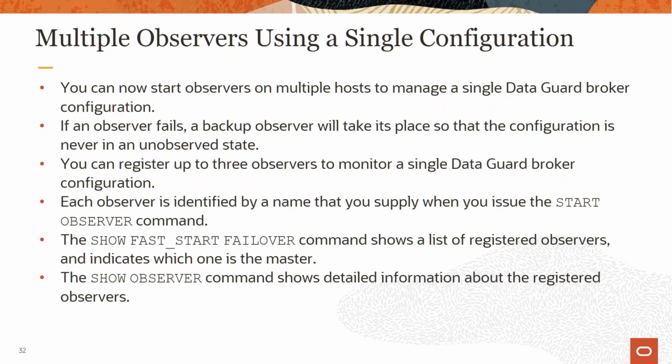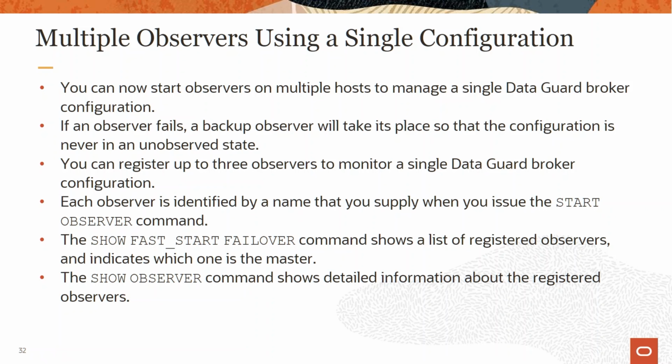So if your active observer has a problem, then a backup observer will be chosen to be the active observer. We can register up to 3 observers to monitor a single Data Guard configuration. Actually, a single active observer, but the other observers in backup mode.